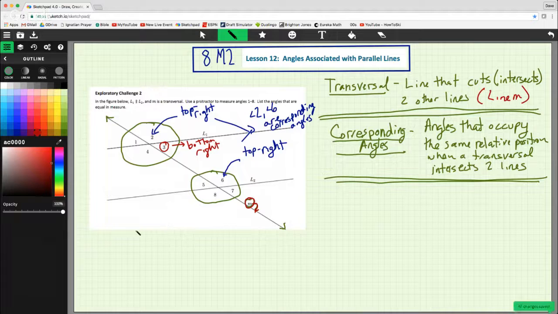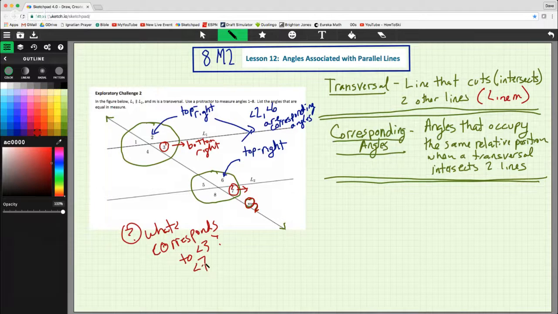What angle corresponds to angle 3? Well, angle 3 is in the bottom right. So for those of you who said the angle that is in the bottom right is also angle 7, you would be correct.